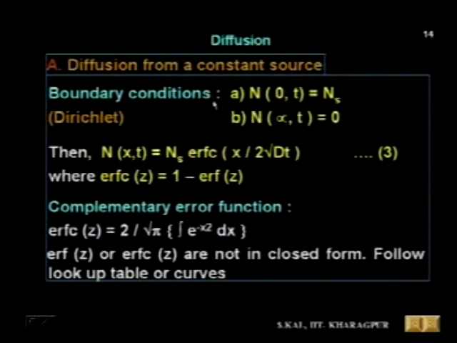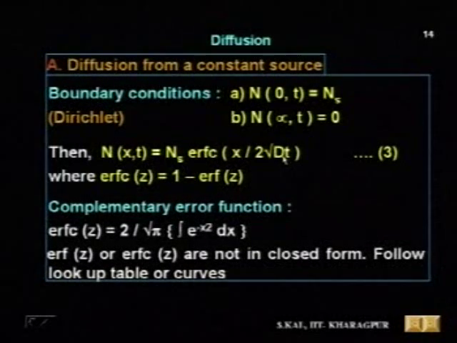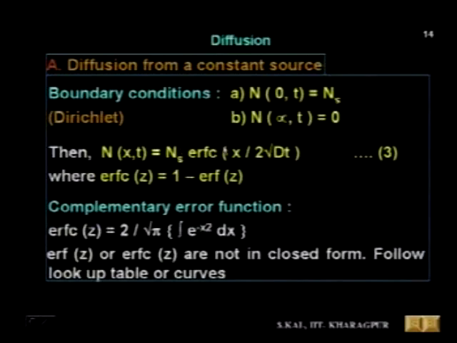So this is the diffusion from a constant source, and the doping profile equation is N(x,t) equal to Ns erfc(x by 2 root Dt), where Ns is the surface concentration, small t is the time, and capital D is the diffusion constant, which is a function of temperature. That means this profile depends on time and temperature both. Temperature comes through capital D, the diffusion constant.